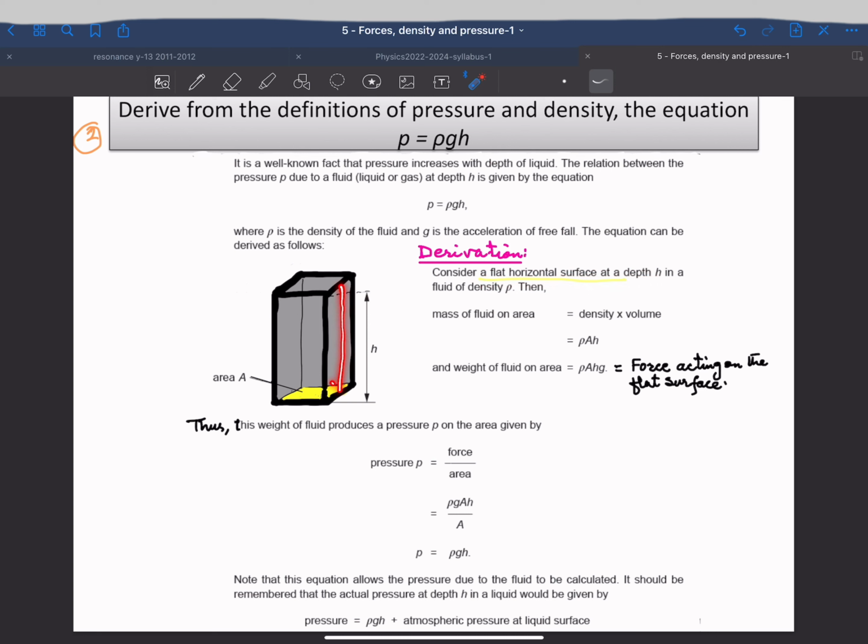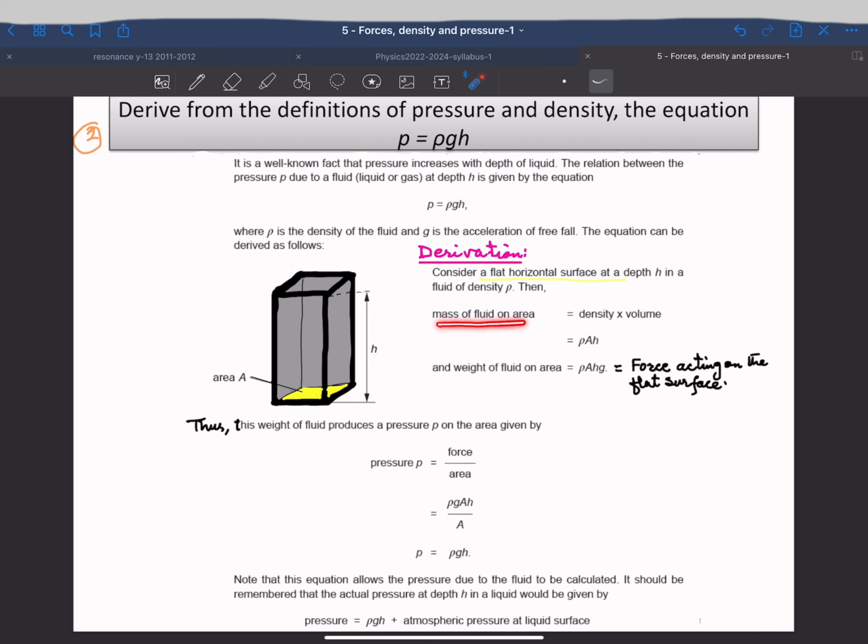If you have a liquid in this container, then due to this liquid there will be a pressure on this surface area. As far as the mass is concerned, as we have just said, density is mass per unit volume. So if you want to write mass, it will be density times volume. This is a very important and basic term.